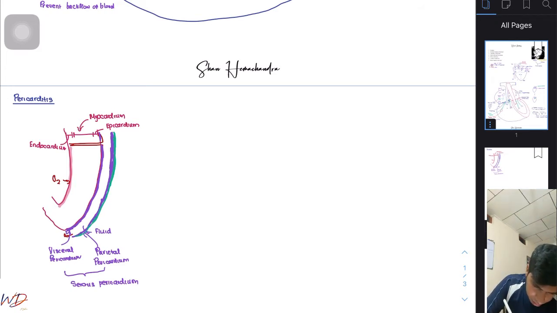Then outer to that, we have the thick fibrous layer. This is called the fibrous pericardium.